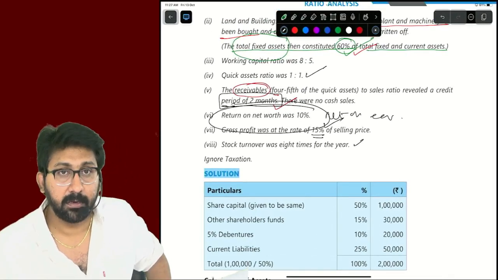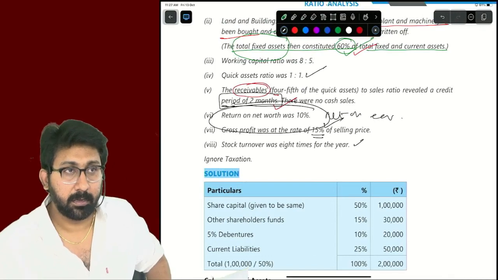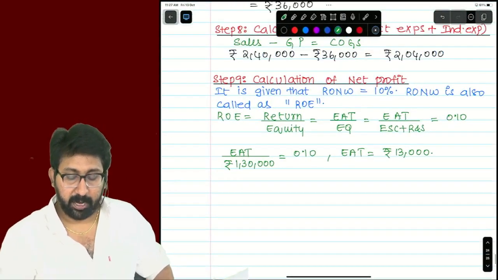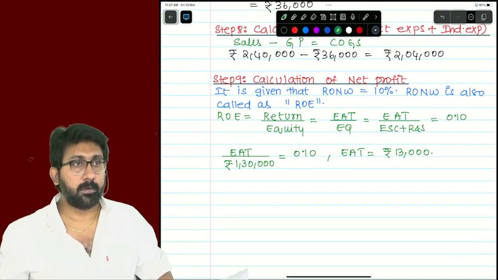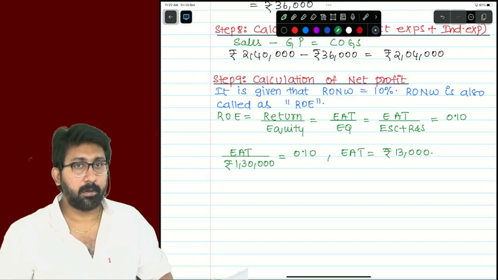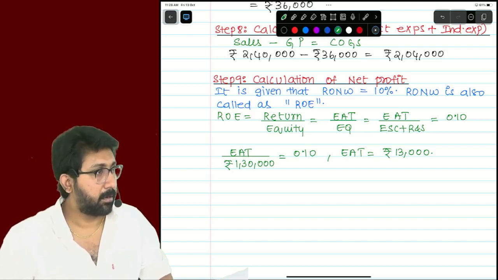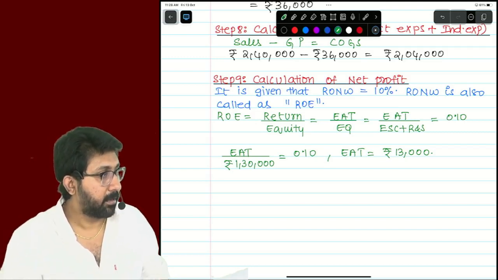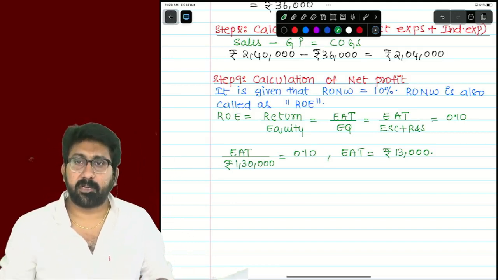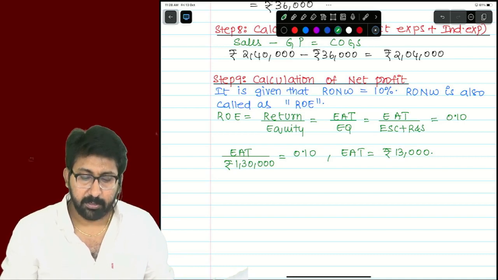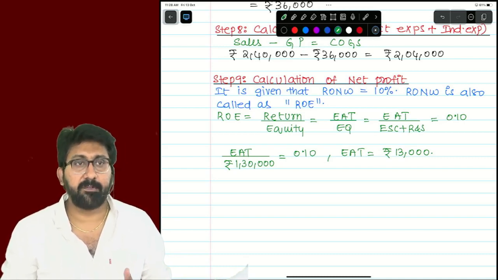Okay, everyone? So calculate. Completed? Okay. So the earnings after tax happens to be 13,000 in this particular given case.